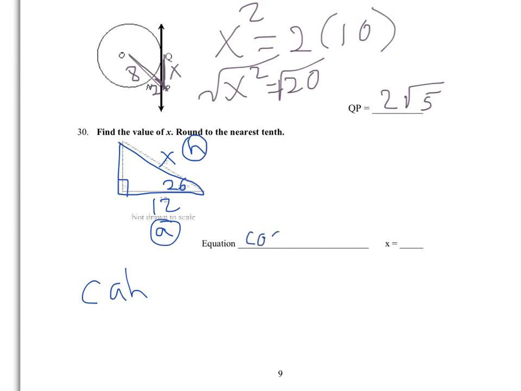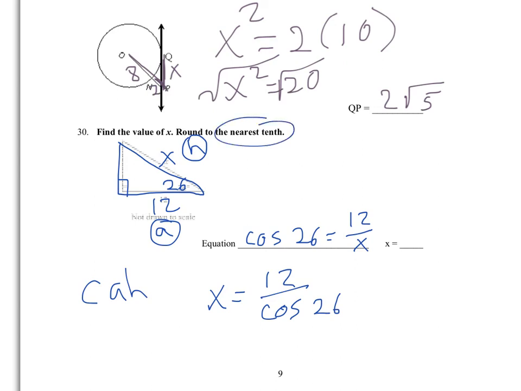The cosine of 26 degrees equals the ratio of adjacent over hypotenuse. So that would be my equation. If you recall, if we're dividing by x, we're going to divide 12 by cosine of 26. When we plug that in our calculator, round to the nearest tenth, we should get 13.4 as our x.